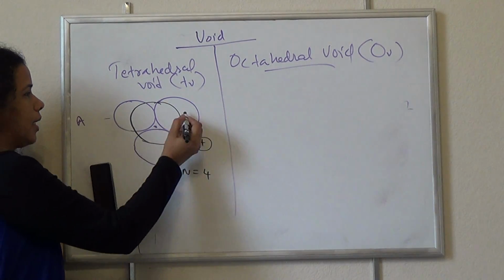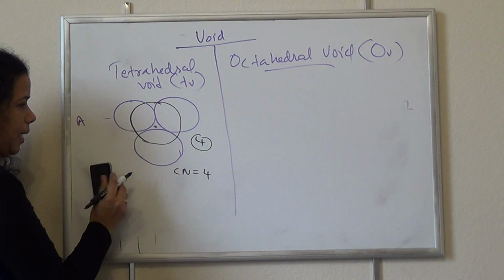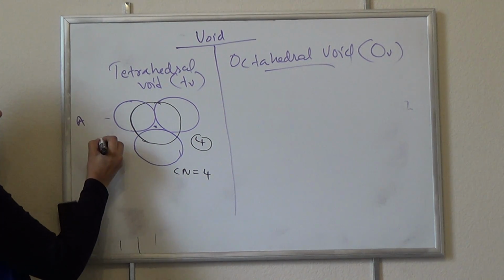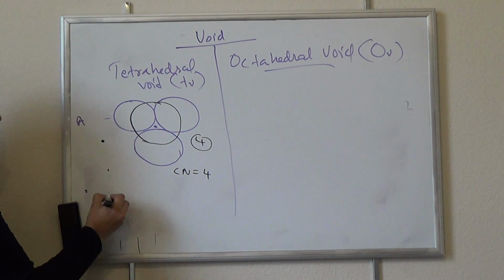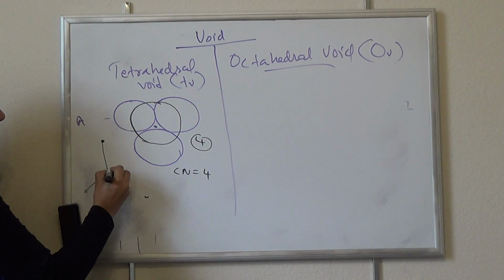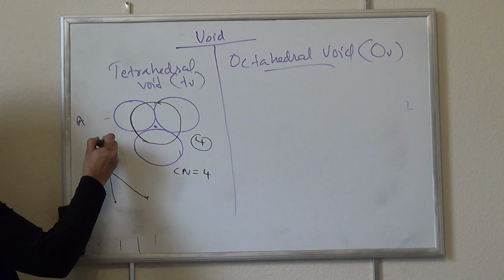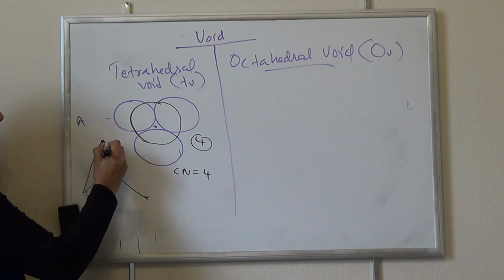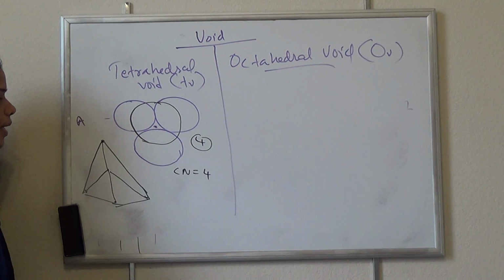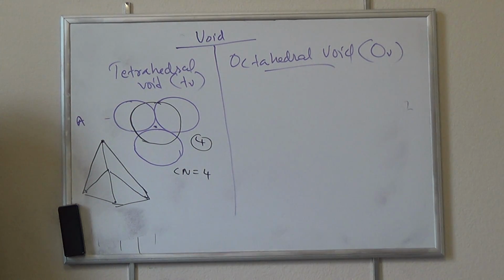When we join the centers of all these atoms, we'll get a shape. This is 1 atom above the plane and 3 below the plane. When we join, we'll get a shape like this. This is called tetrahedral shape. That is why this void is called the tetrahedral void.